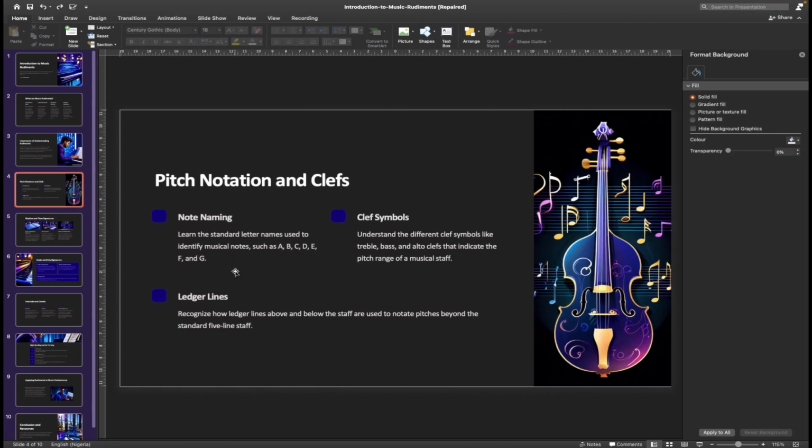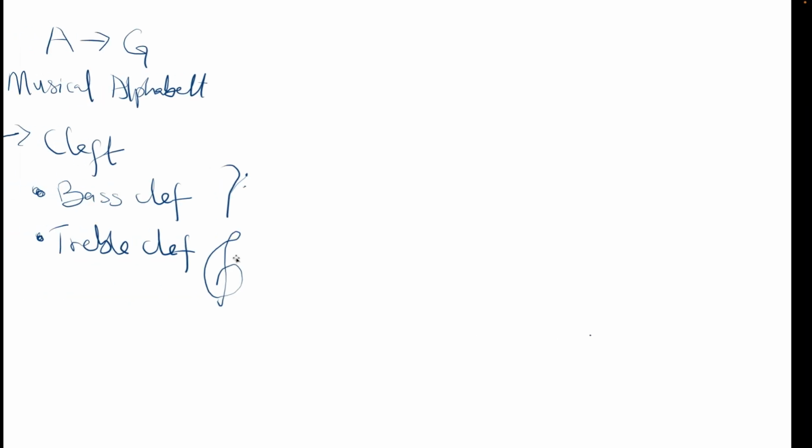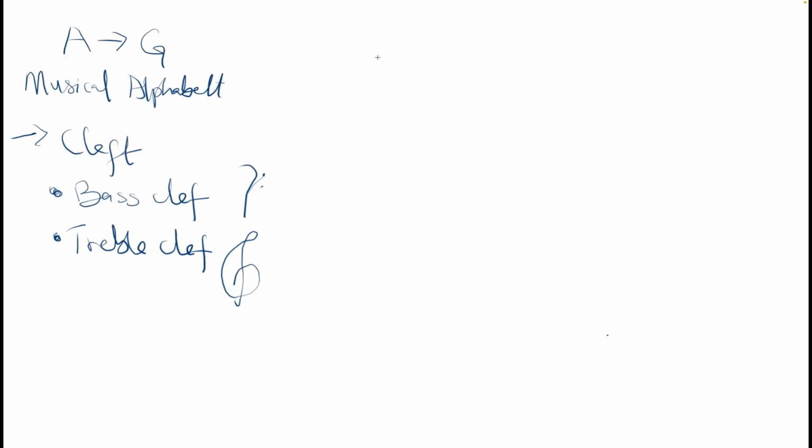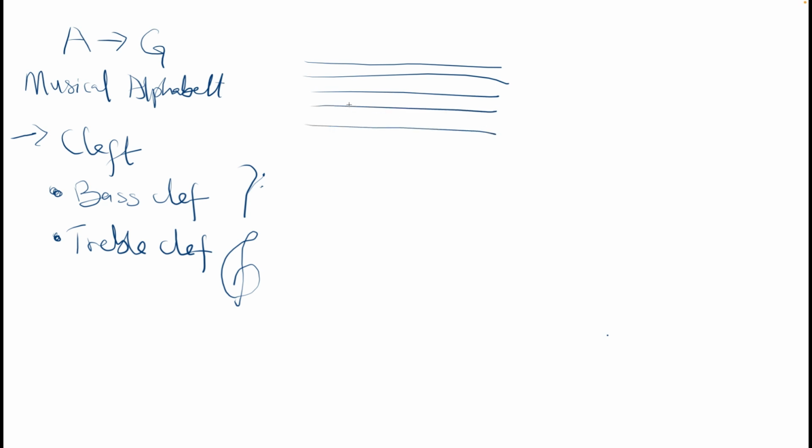Also, we have what we refer to as the staff. A staff is just the combination of five lines, something of this nature, five lines having four spaces. So naturally this is called a staff, as you can see over here. But when we put one of our clefs on it, we now turn it to the name of that clef.